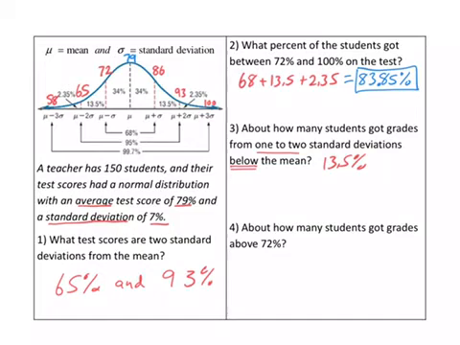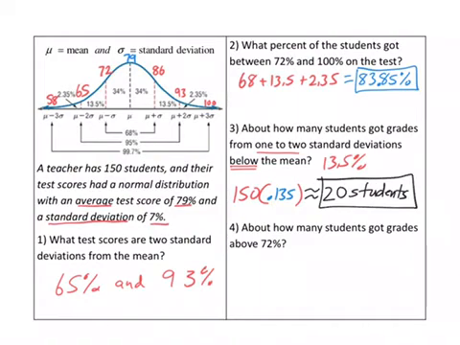So I want to take 13.5% of that, which is 0.135 as a decimal. If you take 150 times 0.135, you'll get approximately 20 students. All right, there is our answer for that one, which should make sense. 13.5% of that, 20 students does sound right.